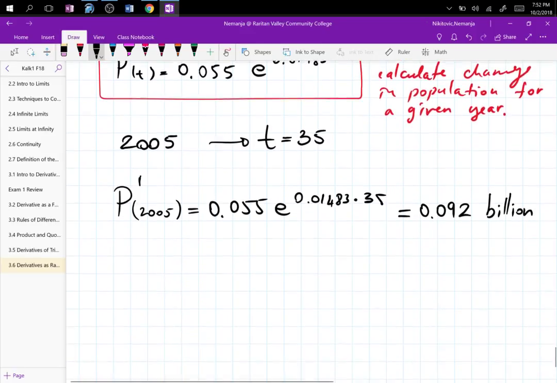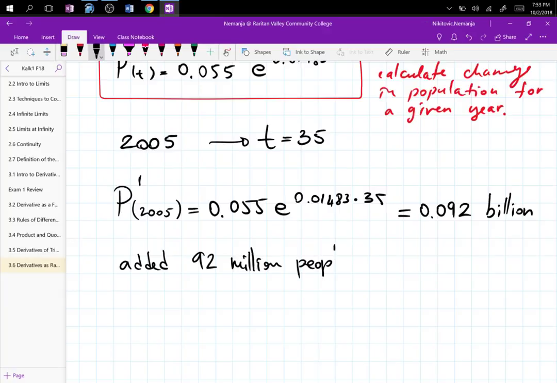How much is that? How much is 0.092 billion? 92 million. This is worldwide, in 2005.